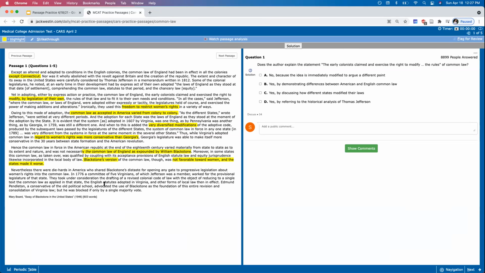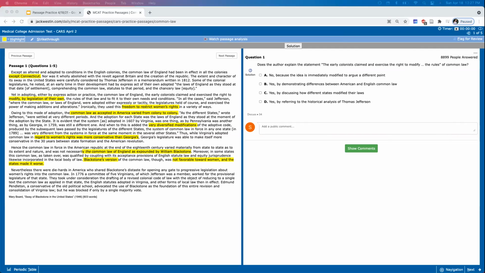And we're talking now here about Jefferson and how he took that legislation and they considered it while applying it to each state, and that's how it was affected. Does anyone have any questions about what the passage was trying to say? Okay, we can go on to the questions then.